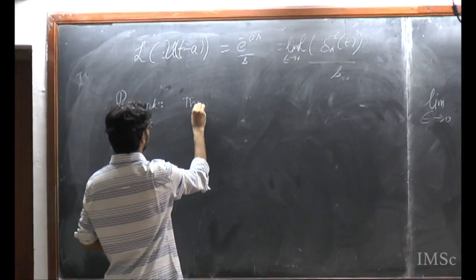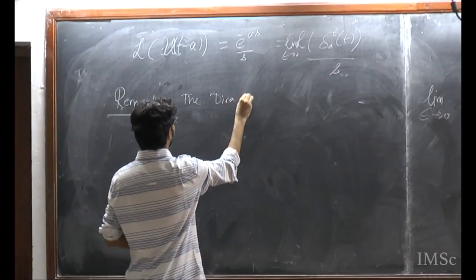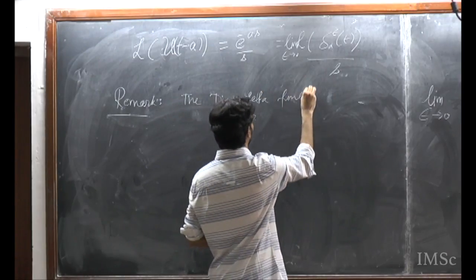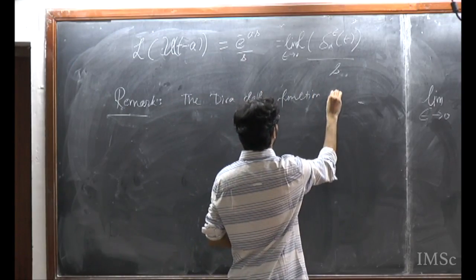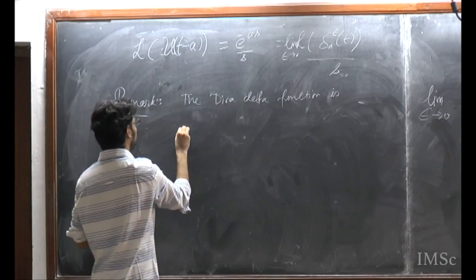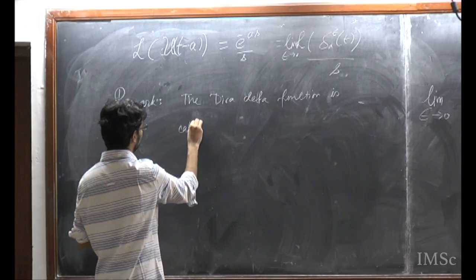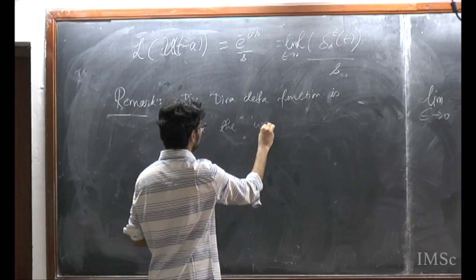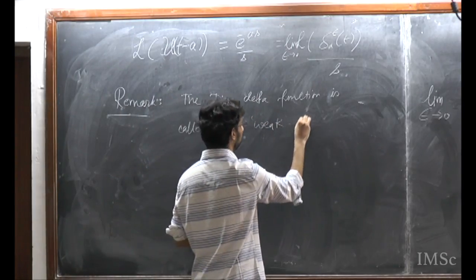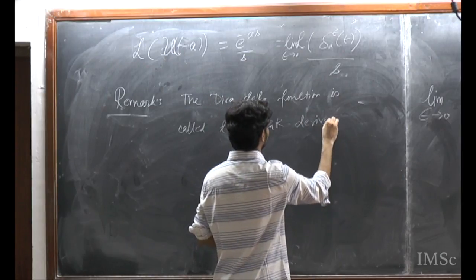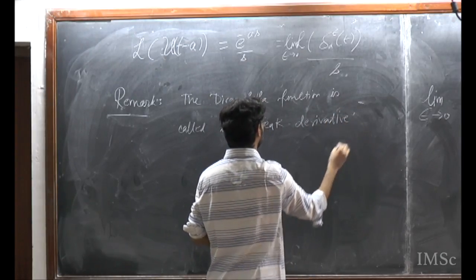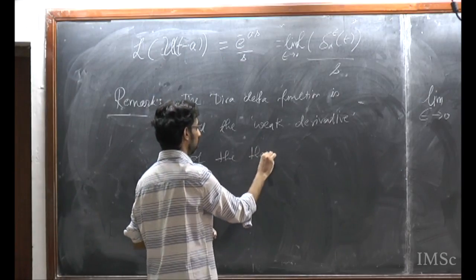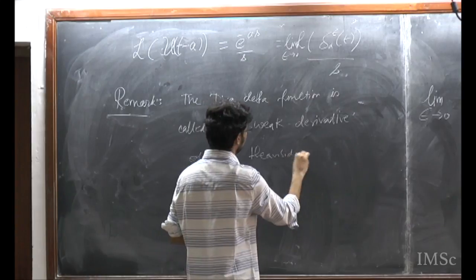The Dirac delta function is called the weak derivative of the Heaviside step function.